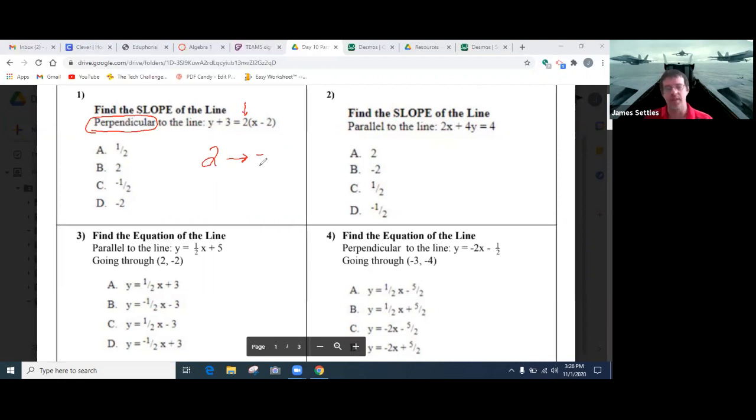Then we have to flip the fraction. Well, right now, that's not a fraction. So if I make it a fraction, I put it over 1. Anytime you got a whole number, you just put it over 1. If I flip that, then it becomes 1 over 2. So my perpendicular slope is going to be a negative 1 over 2, C.